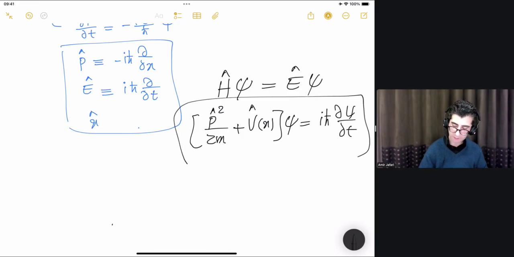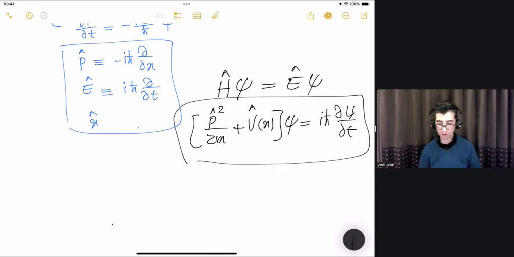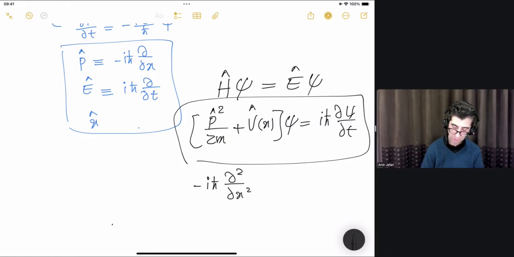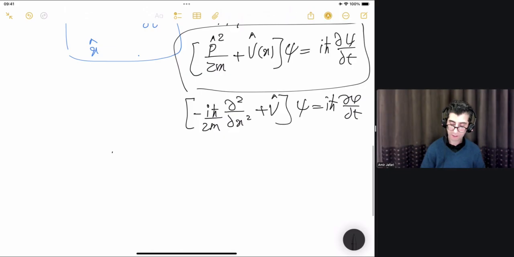So this is the Schrödinger equation, because p is a differential operator. You can write it like minus ħ² d²/dx² over 2m plus V, acting on psi, equals iħ ∂ψ/∂t. This is the one-dimensional case.